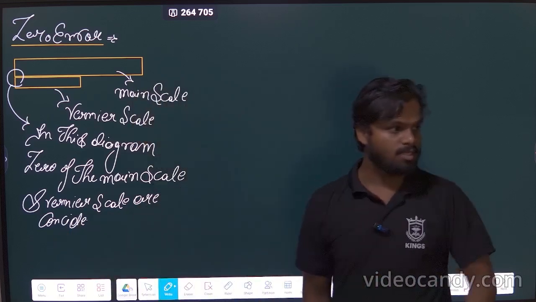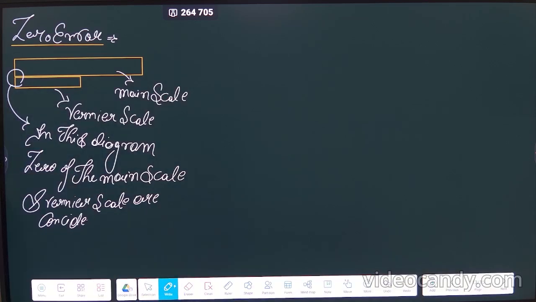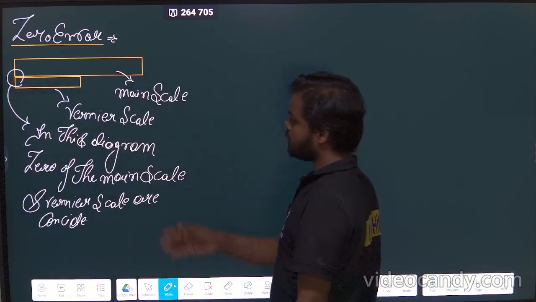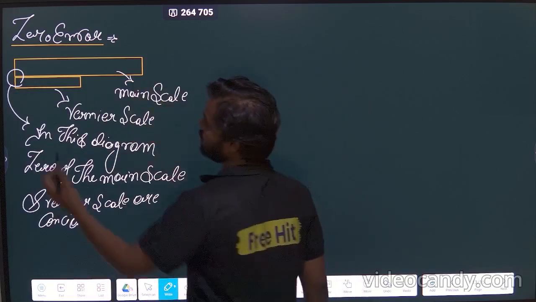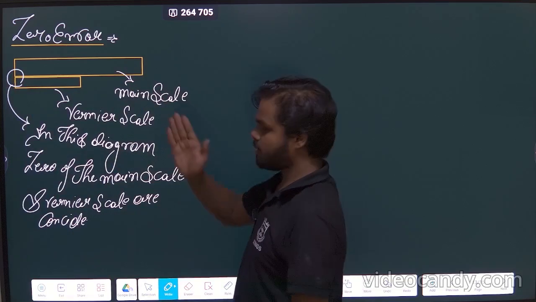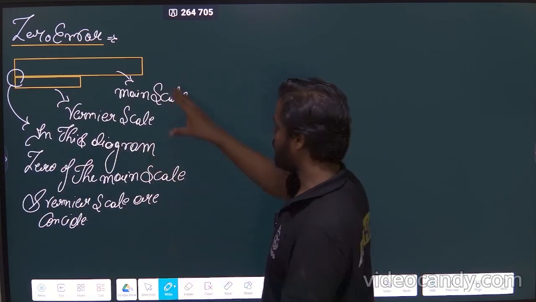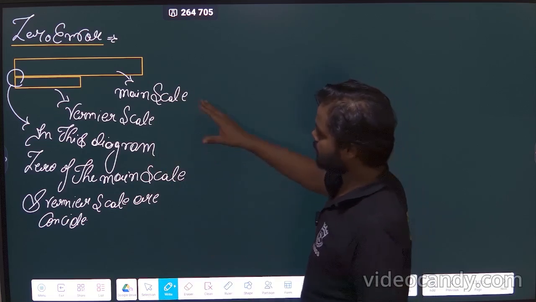That means the zero of the main scale as well as the zero of the vernier scale coincide with each other. I am considering this starting point as 0, which means they both are at the same line. So that means there is no zero error.